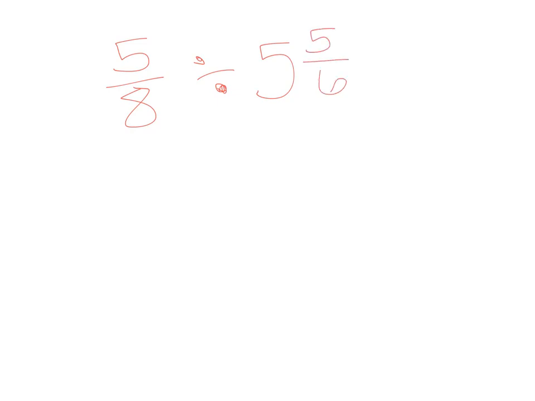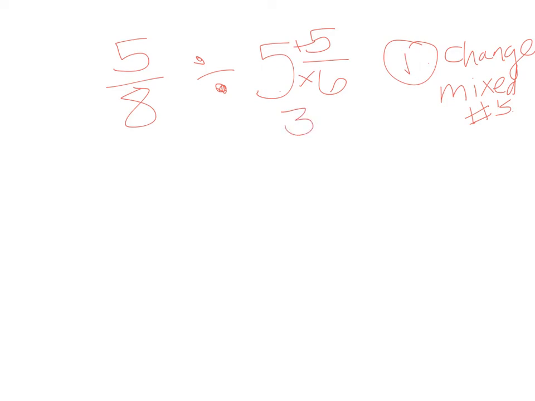I'm going to first change any mixed numbers. Remember, the first step was change mixed numbers to improper fractions. So 6 times 5 is 30, plus 5 is 35. Keep the same denominator over 6. So now I have 5/8 divided by 35/6.